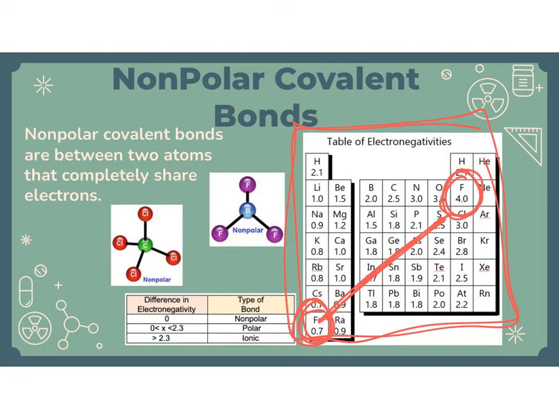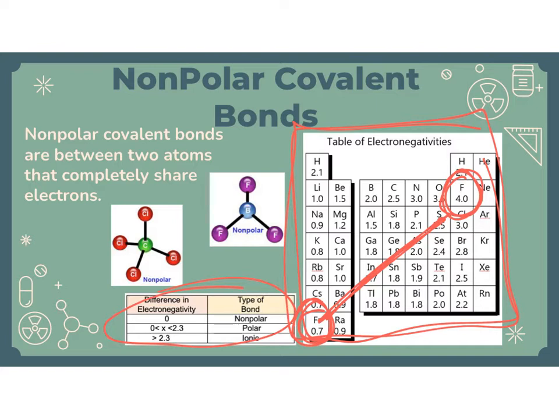All right, so now looking at this chart, if we compare the electronegativity of any two elements, we'll determine whether it's going to be ionic or not. If their difference is greater than 2.3, then the electron just transfers and it's an ionic bond. And then opposites attract and you get an ionic compound.